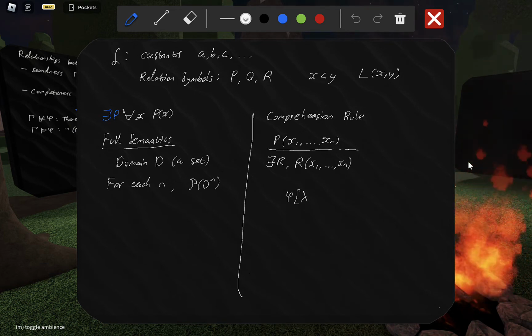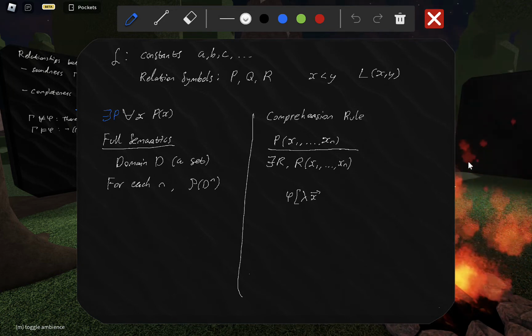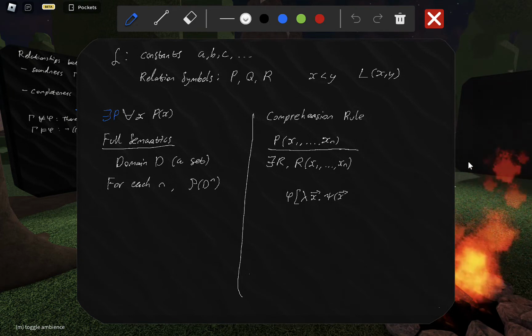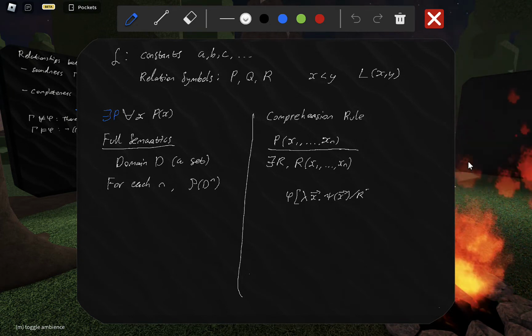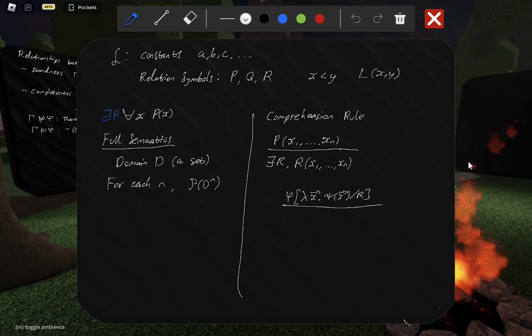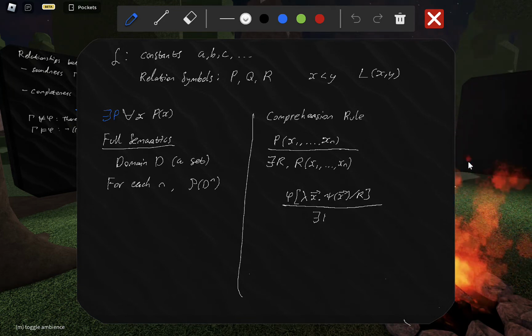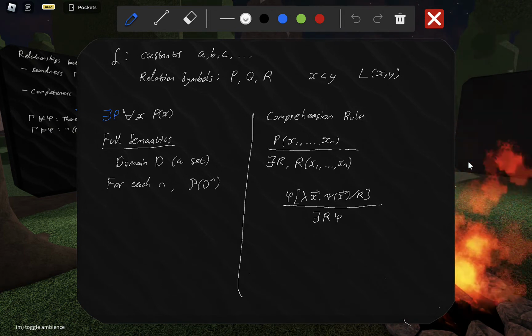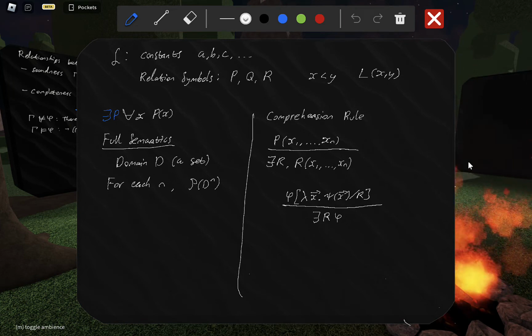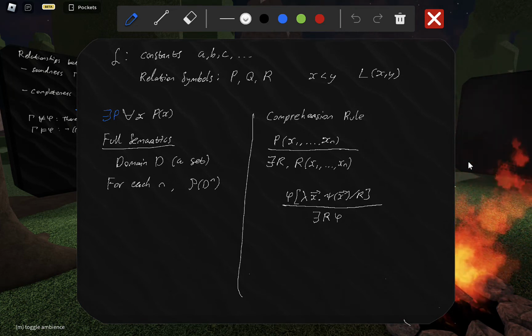Let me just write out what it says. Lambda x, below its, exists R phi, where phi square brackets stuff denotes the result of replacing every atomic formula of the form R T1 up to TK in phi by psi T1 up to TK.